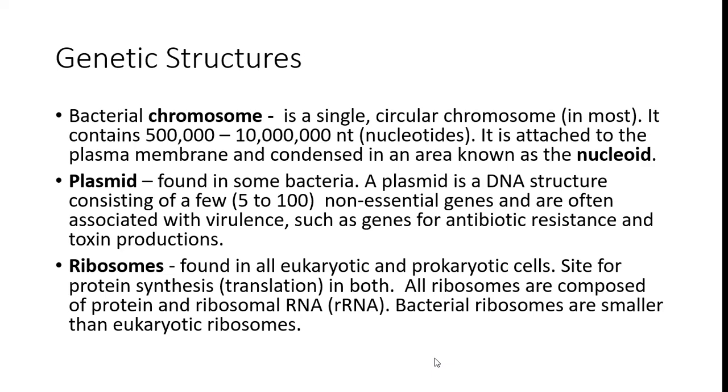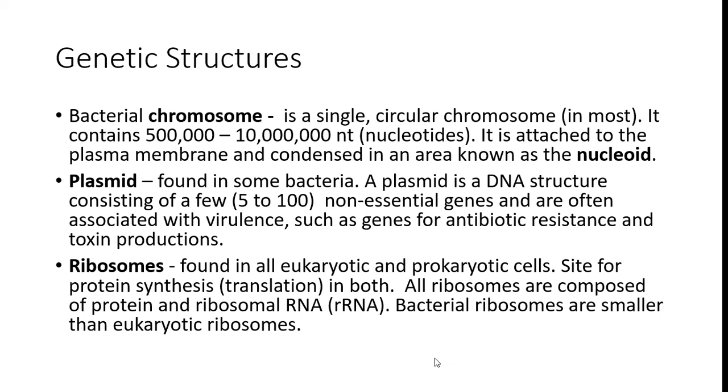Now, all bacteria are going to have the chromosome. Some bacteria will have a plasmid, and a plasmid is a small, round, circular piece of DNA with only a few non-essential genes on it. But why the plasmid is so important is because generally if you find a plasmid in a bacteria, it's often going to be a pathogenic type of bacteria, because usually those plasmids are going to have a virulence factor.